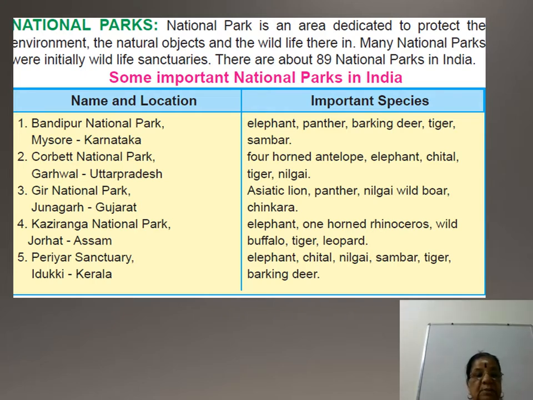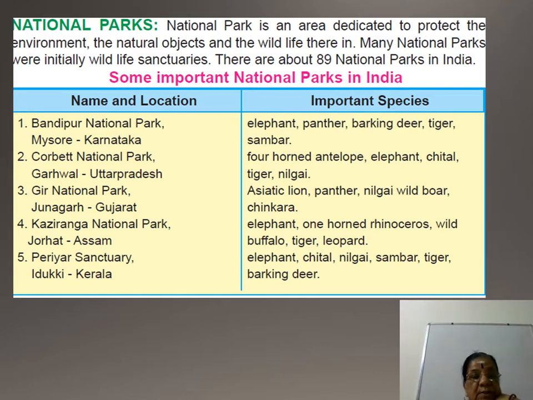Go through this example, I give you a few seconds. Bandipur, Corbett, Gir National Park, Kaziranga National Park, Periyar Sanctuary. Bandipur is in Karnataka state. Corbett is in UP.